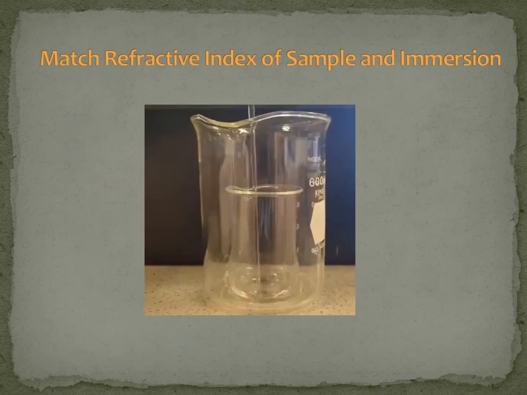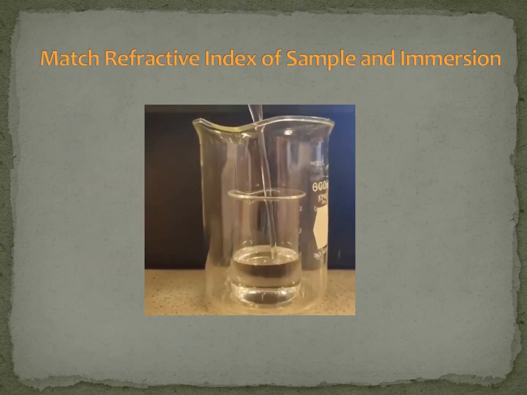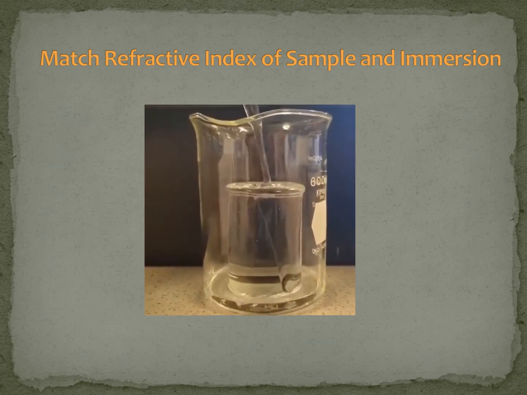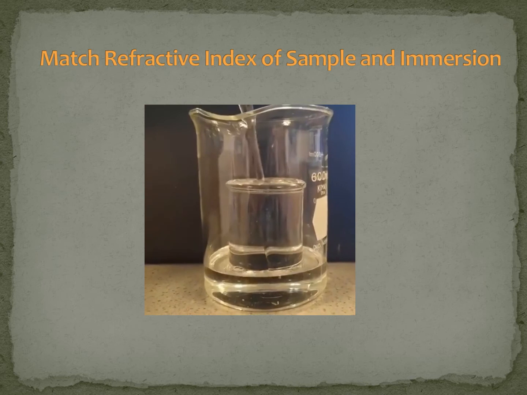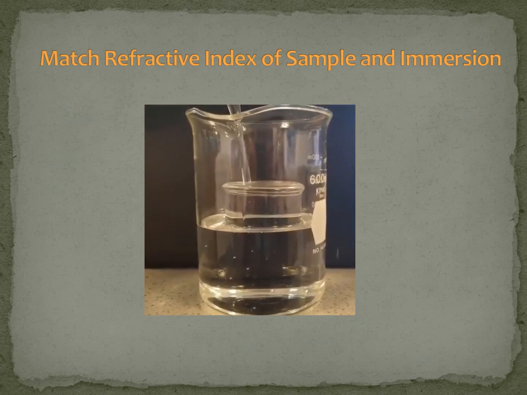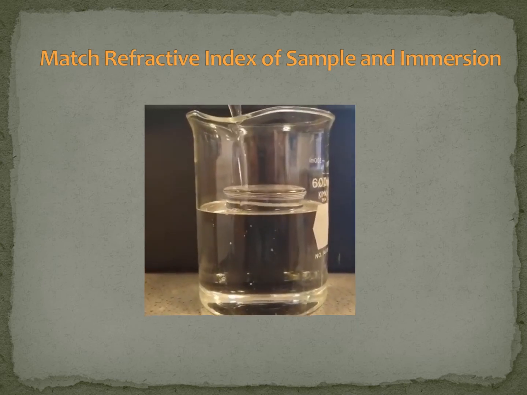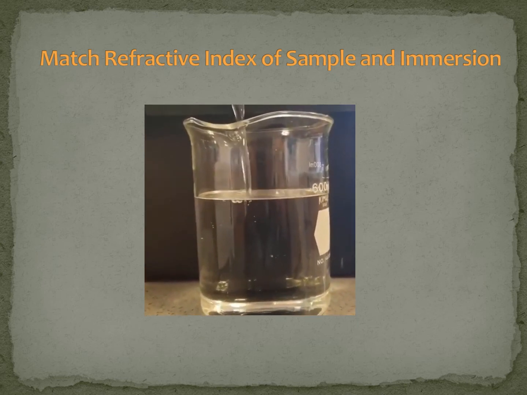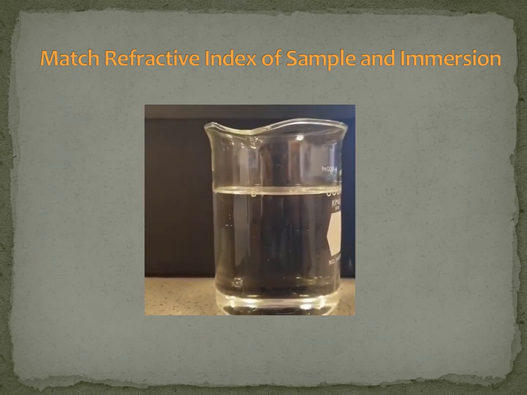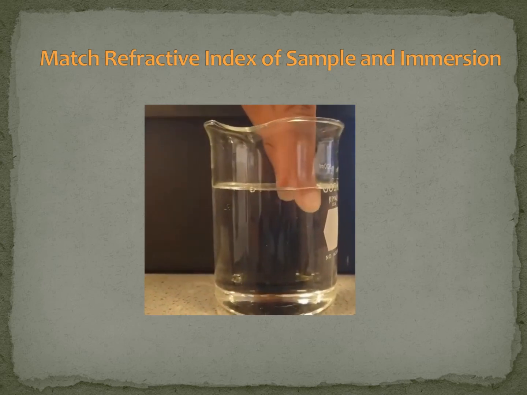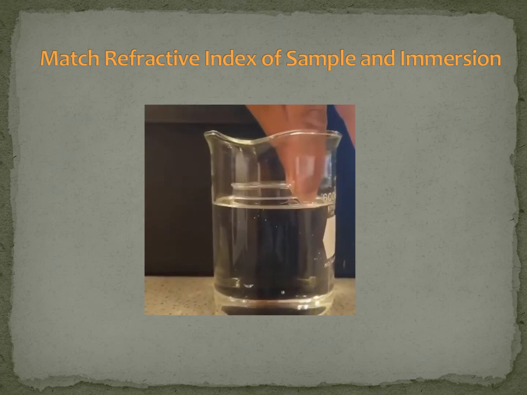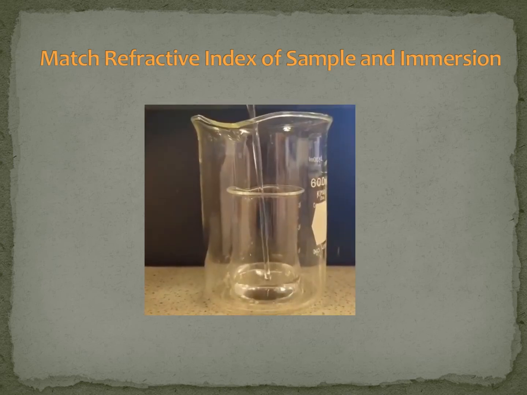And the importance of choosing an oil with an adequate refractive index is perfectly demonstrated in this movie, where you can see that this oil that has the refractive index of the glass cup inside will make it appear as if nothing is in there. So basically there's no contrast. The light is not refracted when it changes from the medium, in this case the oil, to the glass.